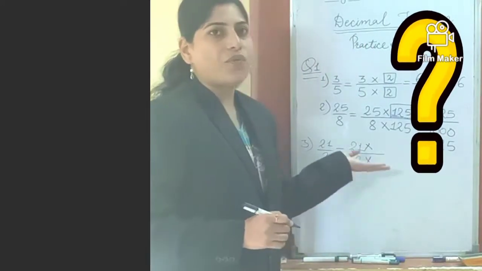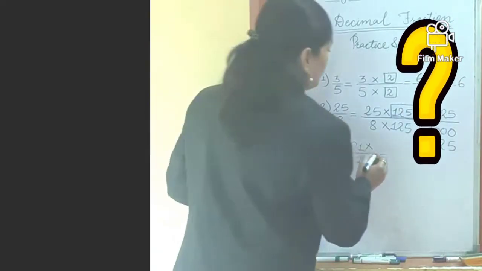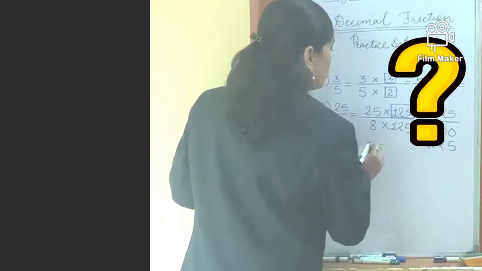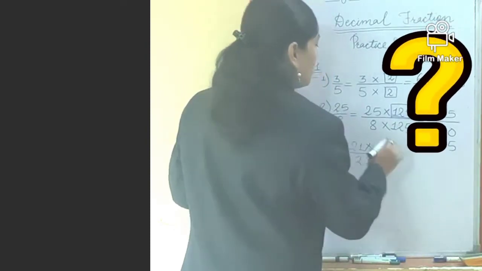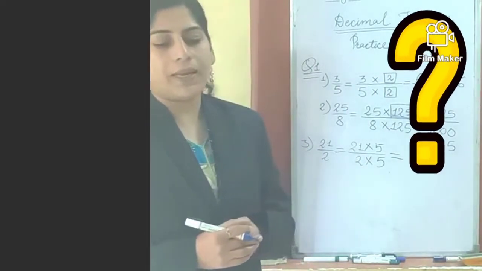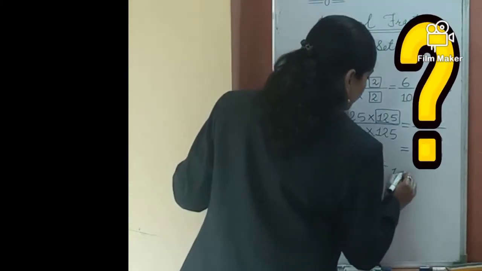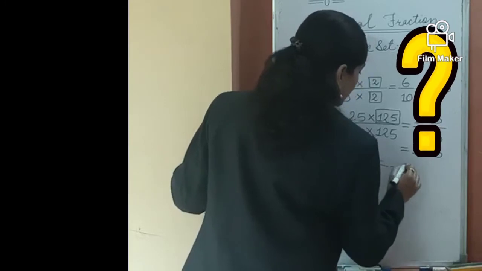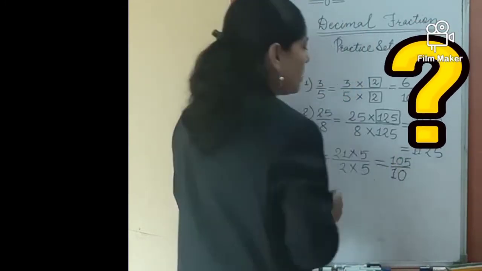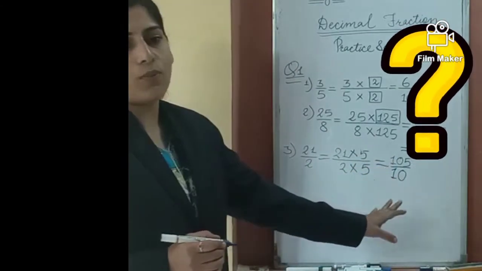Okay, means 2 5s are 10. With the same number, I'll multiply with numerator also, that is with 21. So let us multiply it. The answer will be 10 is given here. 105. So answer is 105 upon 10.